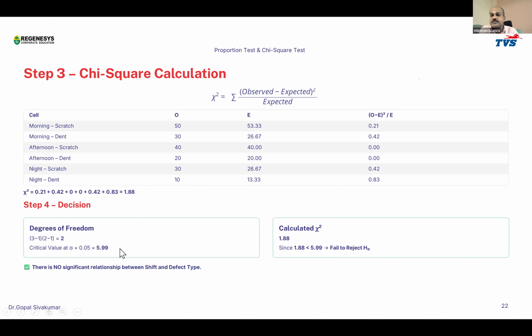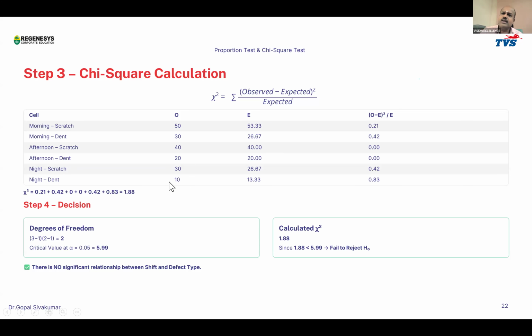Is our calculated chi-square more or less than the tabulated chi-square? Less, sir. Whenever it is less, fail to reject the null. Fail to reject the null means you accept the null.